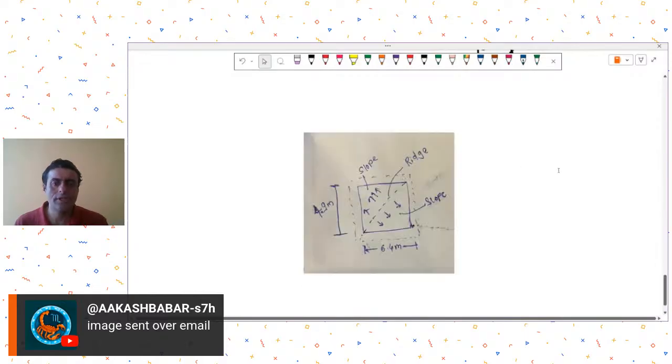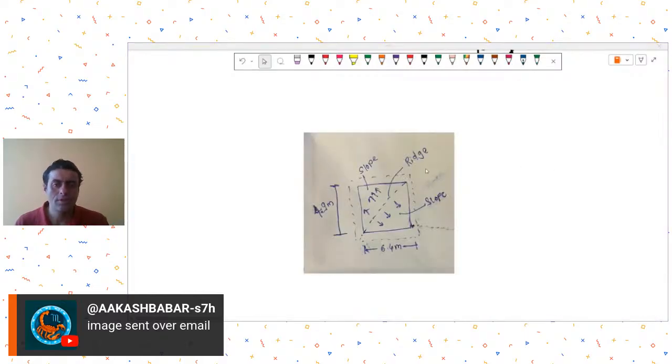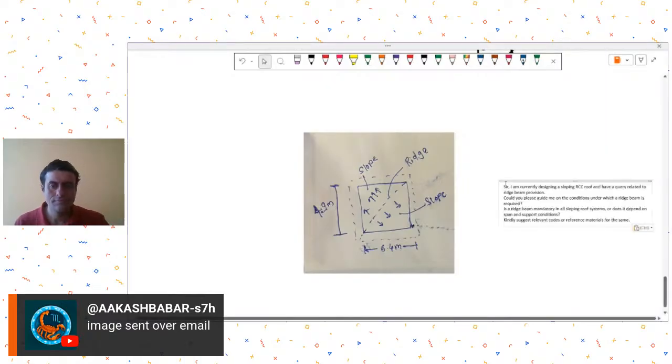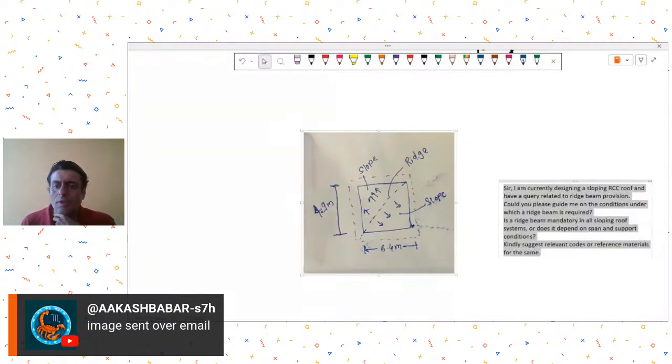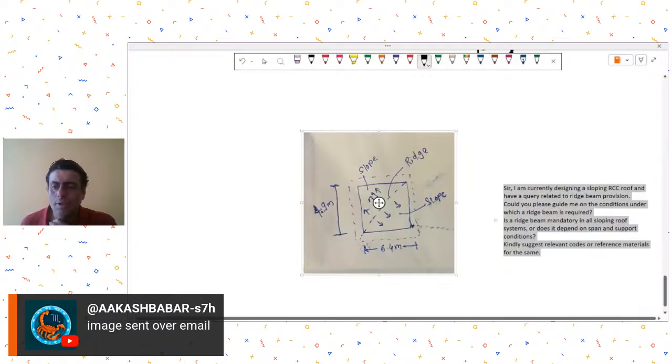He has shared this image and he is saying, I am currently designing a sloping RCC roof, and I have a query related to ridge beam provision. Could you please guide me on the conditions under which a ridge beam is required? Is a ridge beam mandatory on all sloping roof systems, or does it depend on span and support?